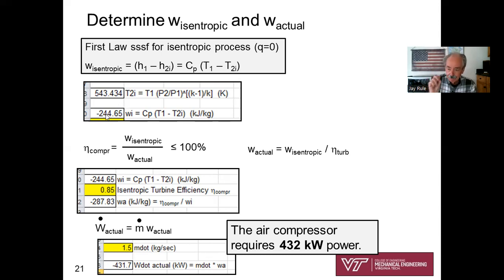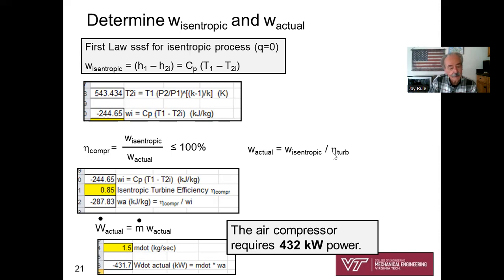We're compressing air. Makes sense. Definition of compressor efficiency, which is going to take less power to drive a compressor, an isentropic compressor or an actual compressor. It's going to take the least amount of power needed will be the isentropic case. Makes sense.